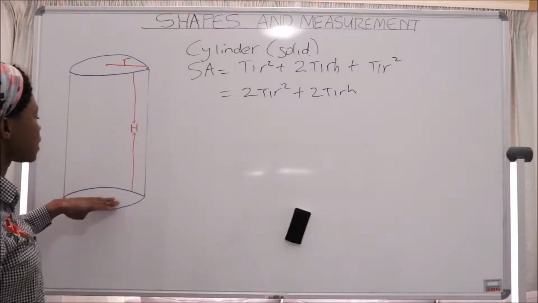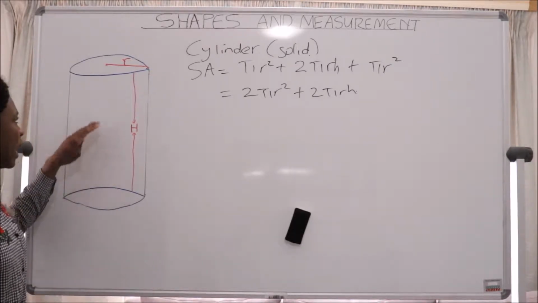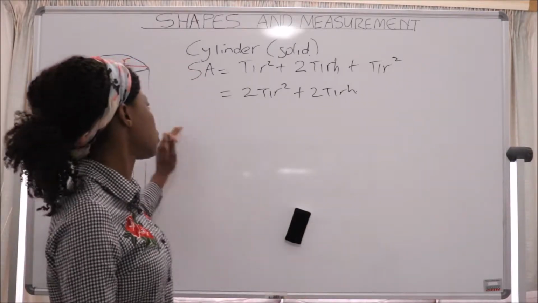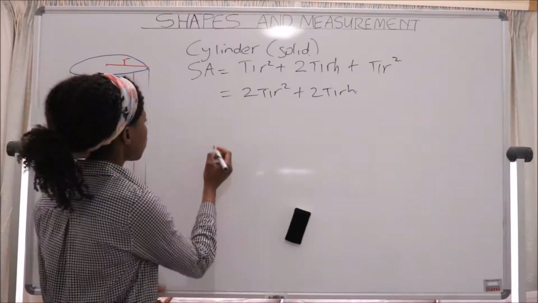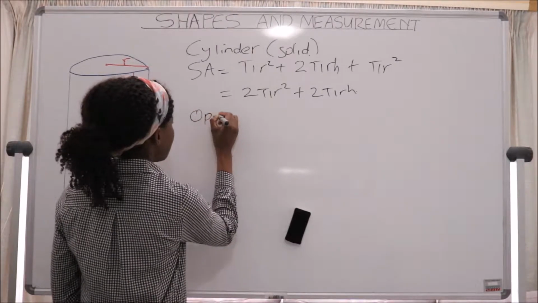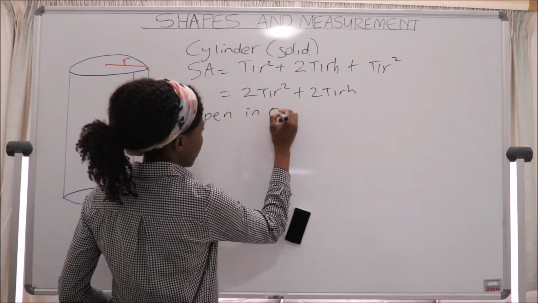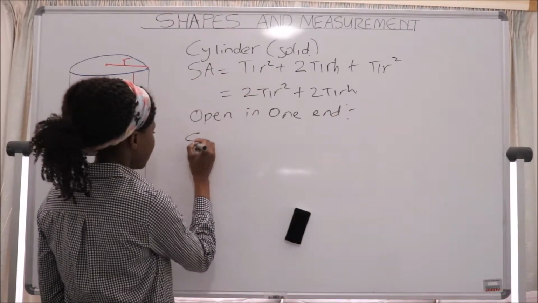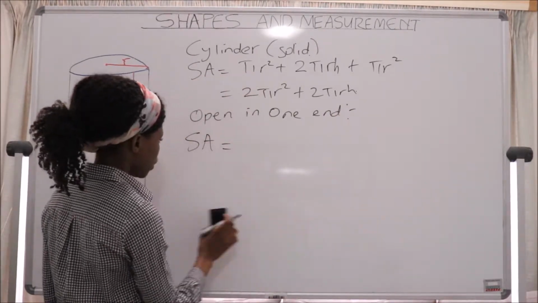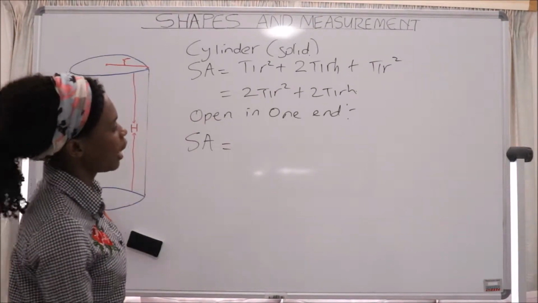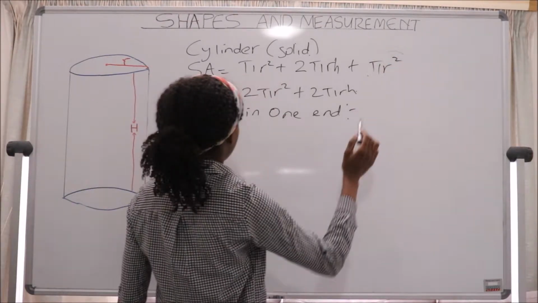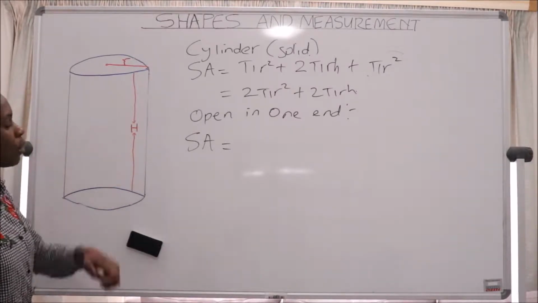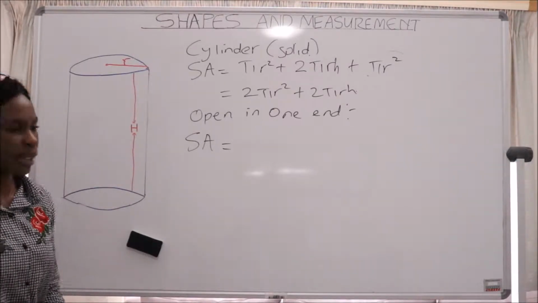So what happens if the cylinder has been opened in one end? Let's say that it only has the base circle, but it's not closed at the top. In this case we will have to remove the pi r squared of the top circle, as it won't have any top circle because it is open at the top.